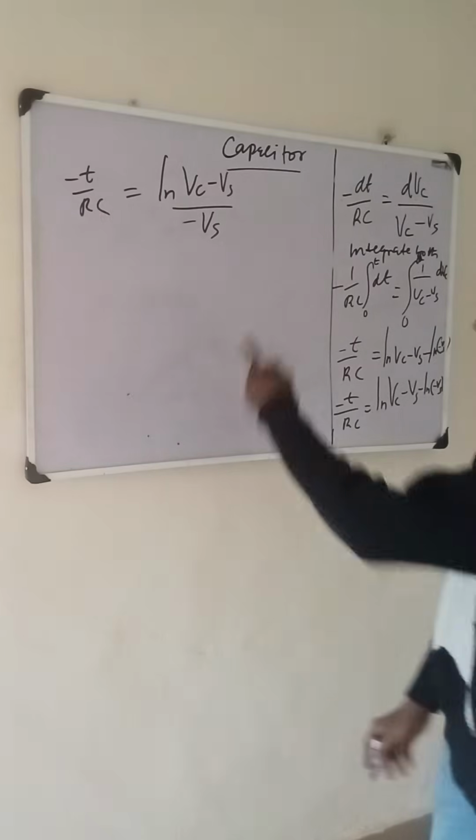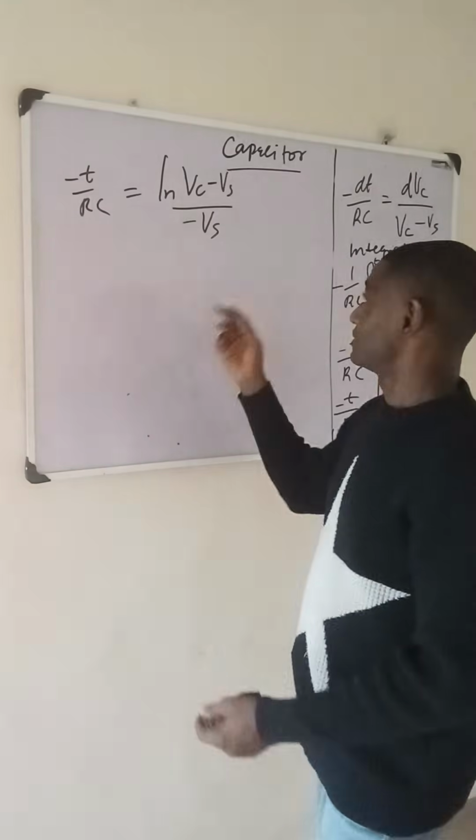At this juncture, we can take the exponential of both sides.